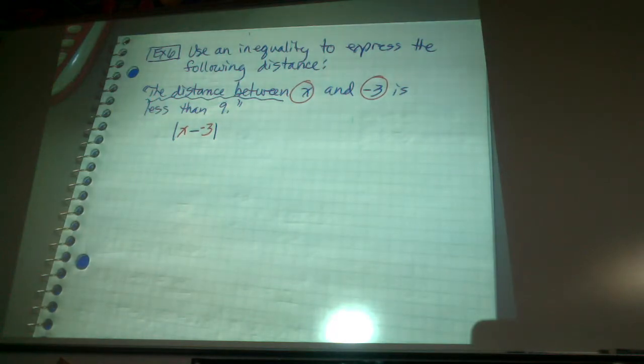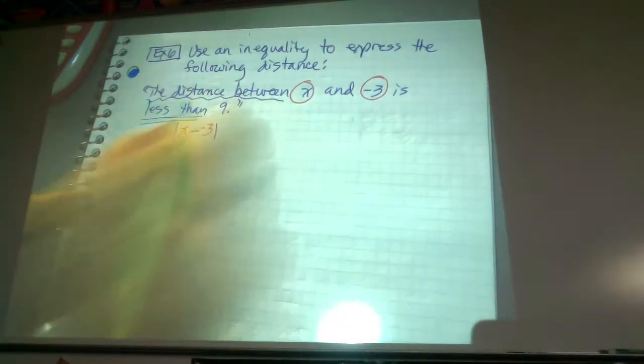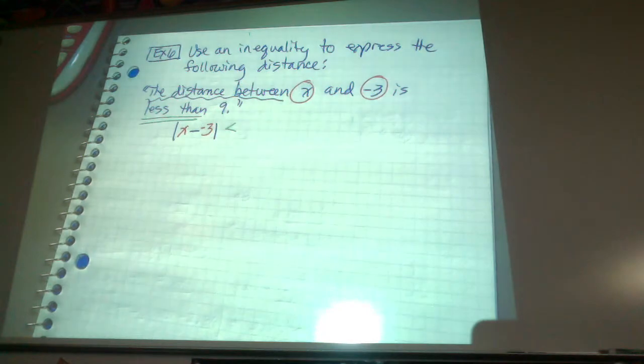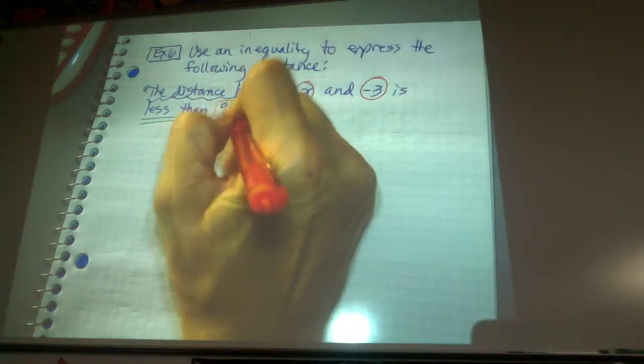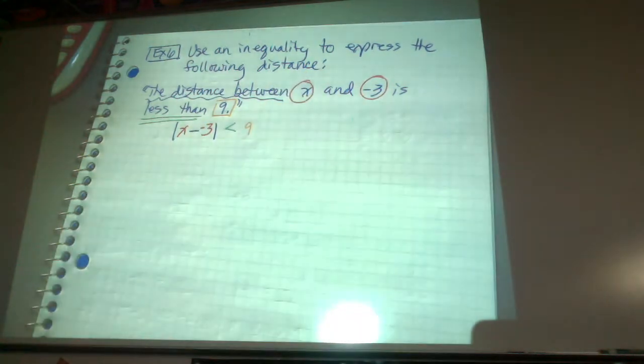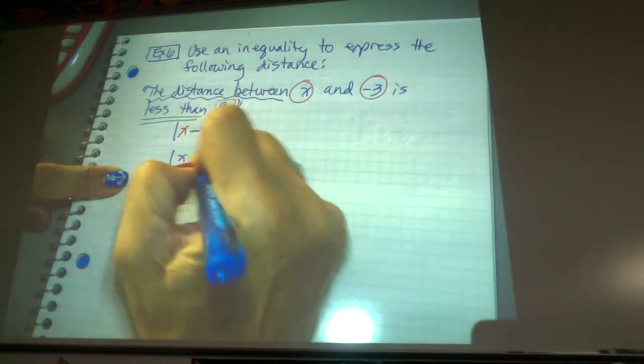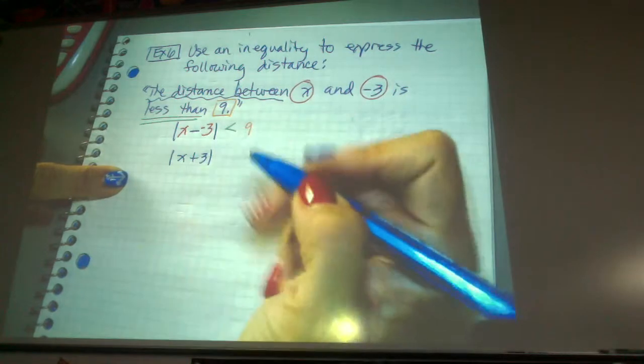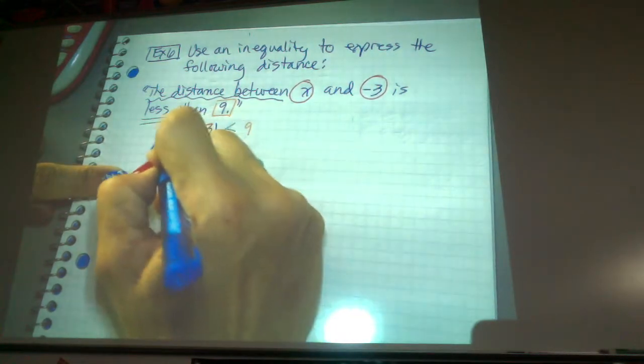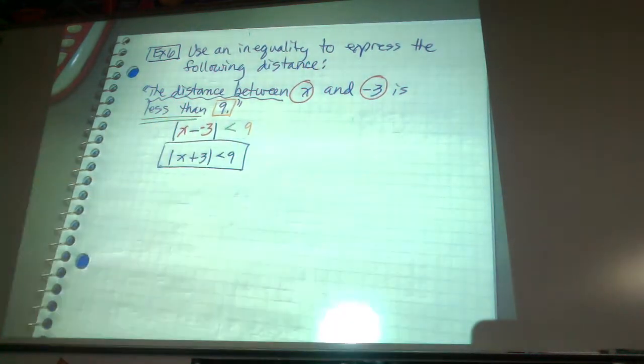And then less than is just your less than symbol. And then, of course, 9. So how would you write your final answer? Absolute value of x plus 3, you have to change the double negatives, is less than 9. That's all they want. Don't have to solve it.